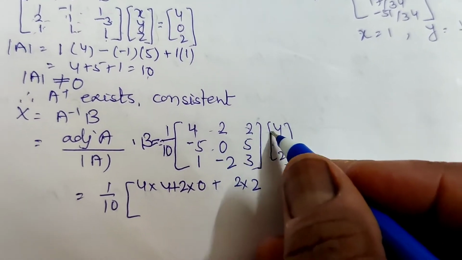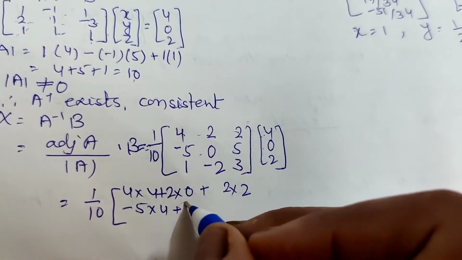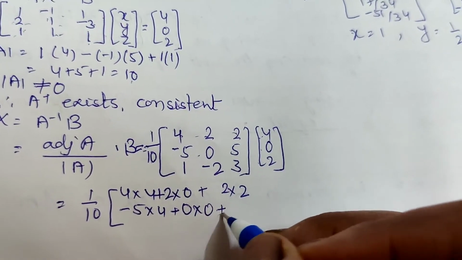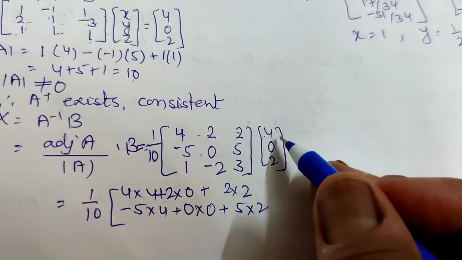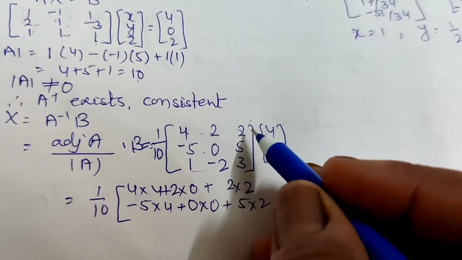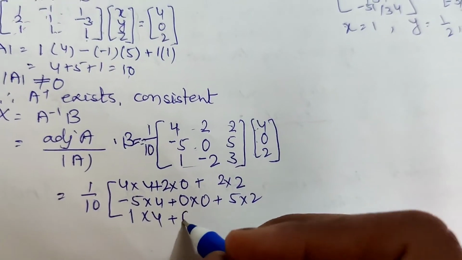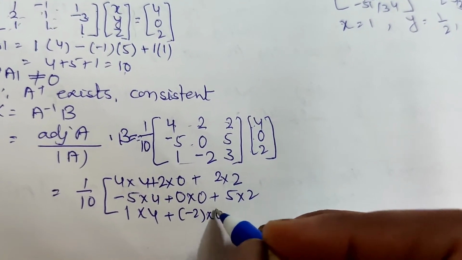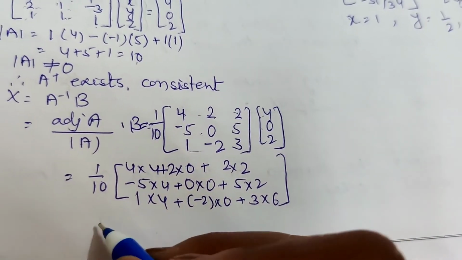In the second row: minus 5 into 4 plus 0 into 0 plus 5 into 2. And third row: 1 into 4 minus 2 into 0 and 3 into 2. Solve this.